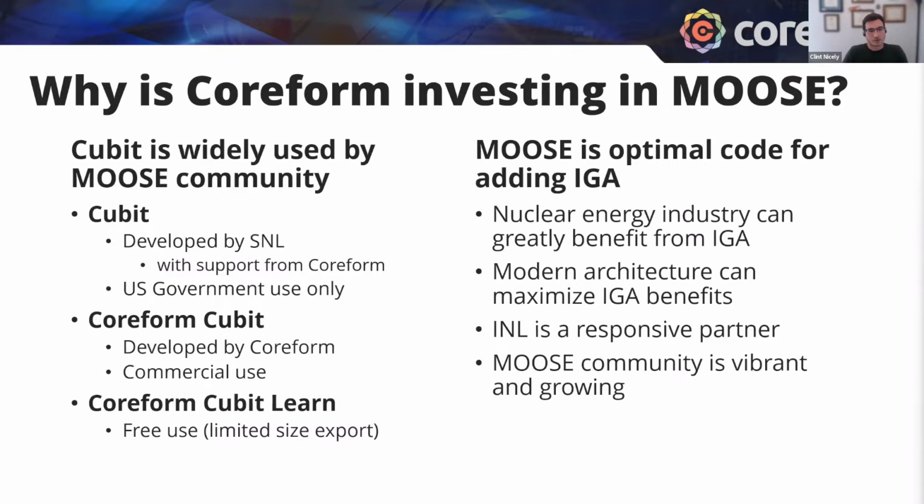So right now, the nuclear industry can really benefit from IGA because of the details and the accuracy that IGA lets you bring into your analysis. The modern architecture of Moose can help us maximize the IGA benefits. We've also seen a very responsive partner in INL.